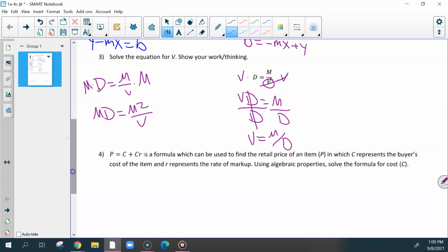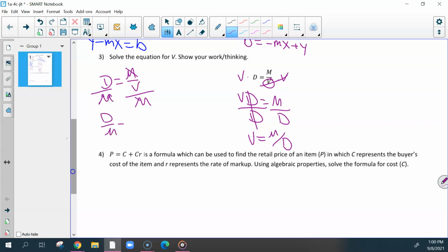Now, you could divide by n. When I divide by n, those n's would go away. But I would still have this v in my denominator. So you would still have to multiply to get the v out, no matter what you did to n or v.